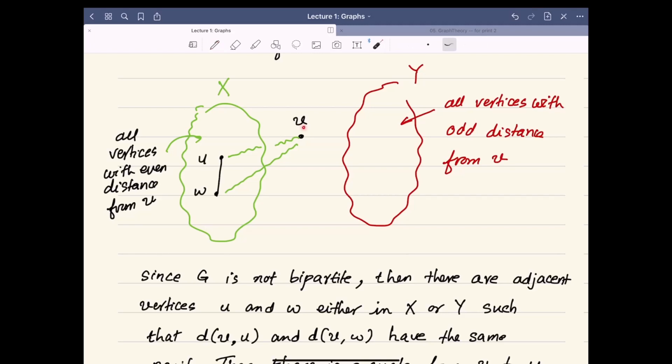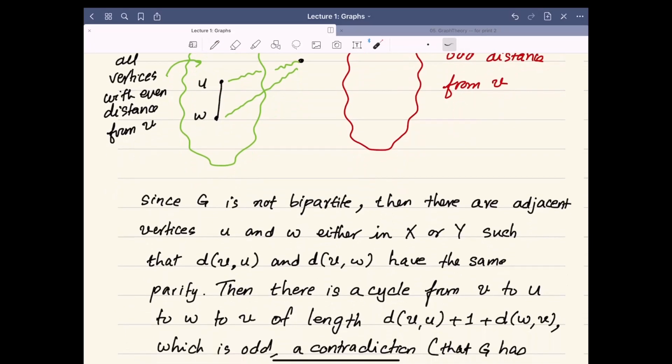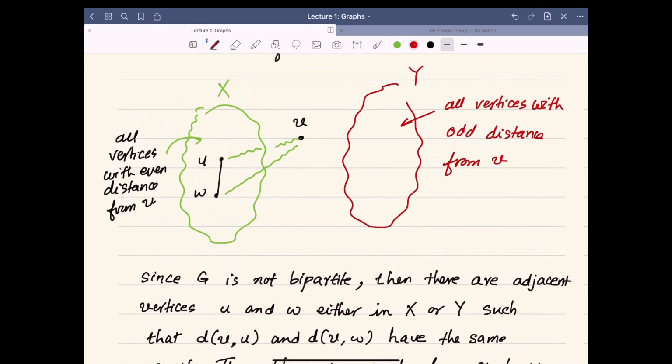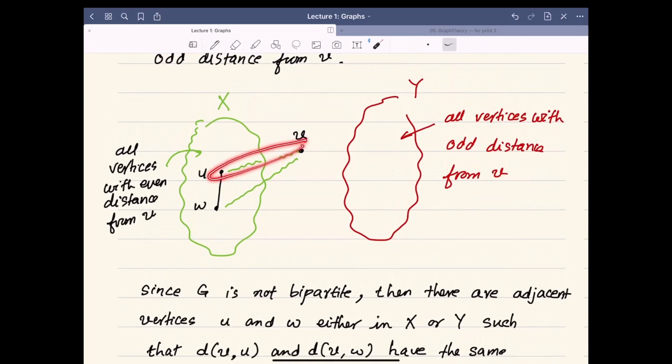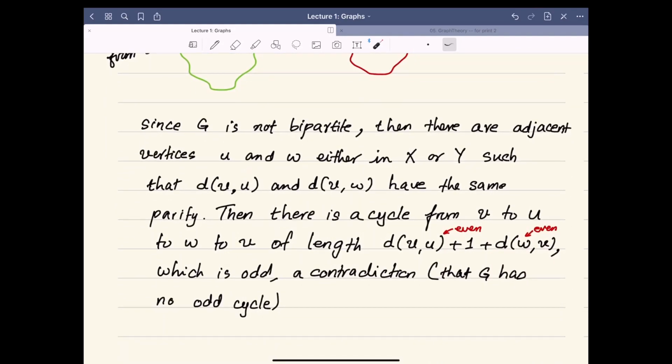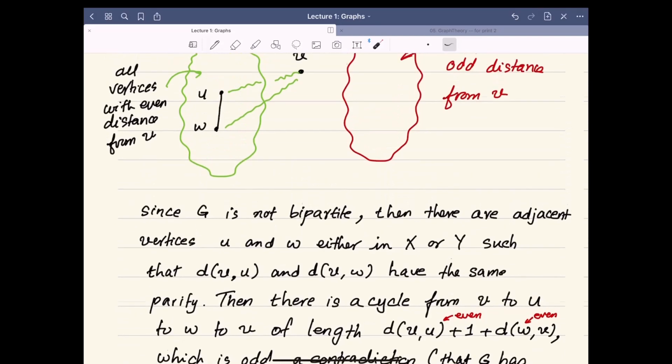So the distance from V to U is even, and also the distance from V to W is even. So even plus even is even, and you add 1, so even plus 1 is odd, so we have an odd cycle. So this is why we wrote here odd, and this is a contradiction that G has no odd cycle, and this will complete the proof.